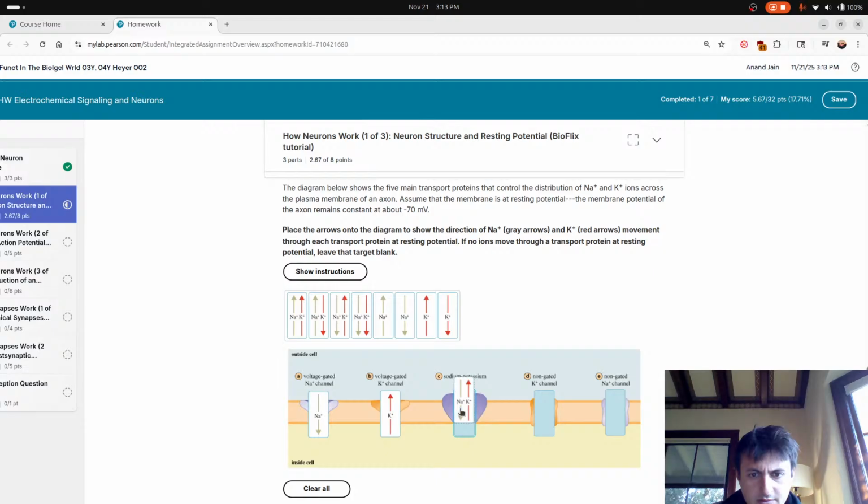Sodium in. No. Sodium out, potassium in.